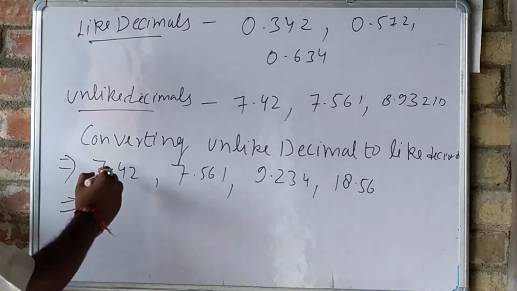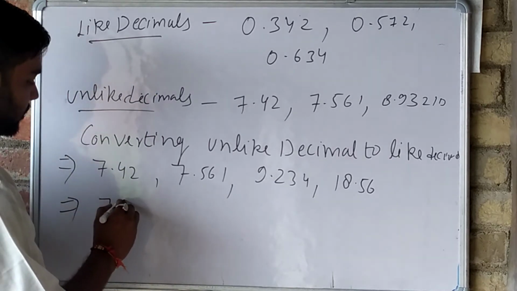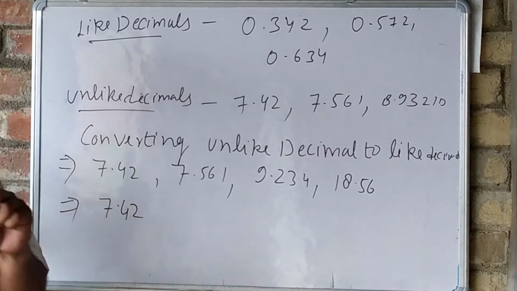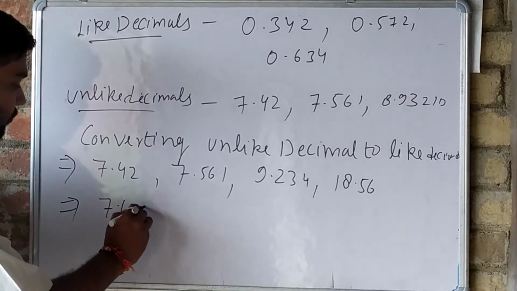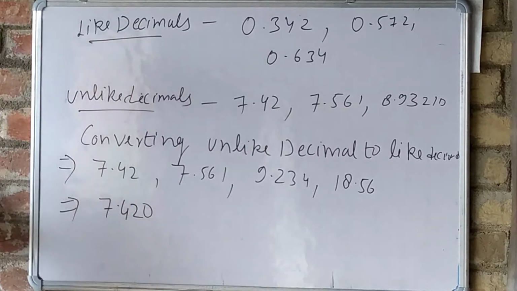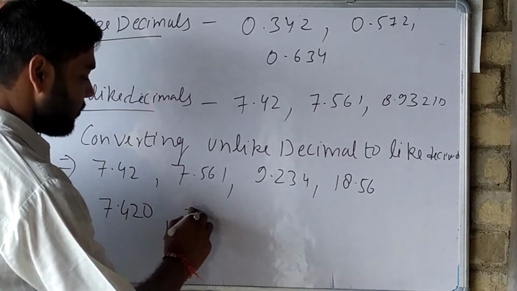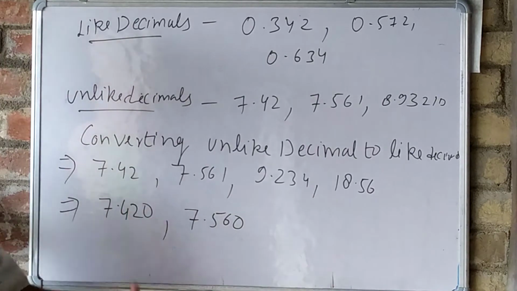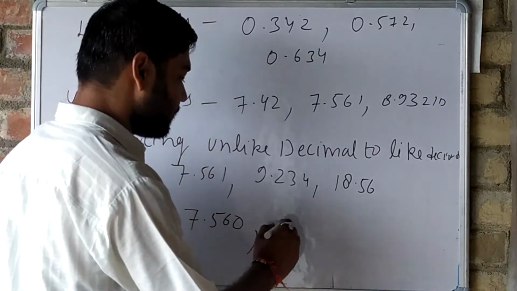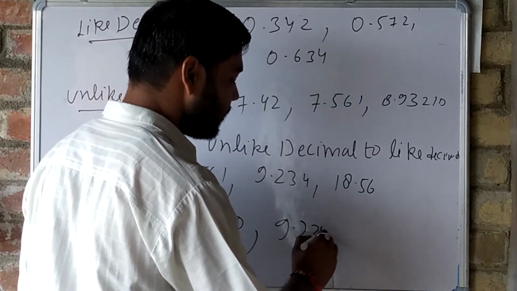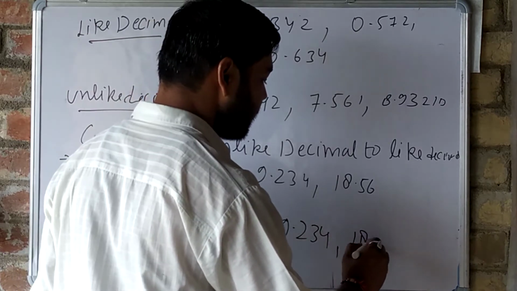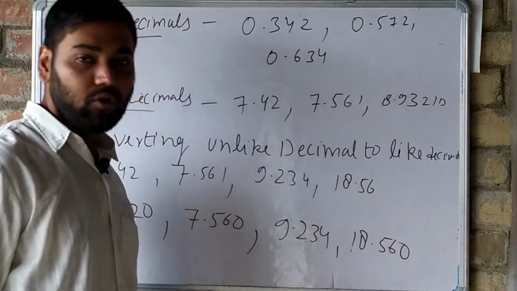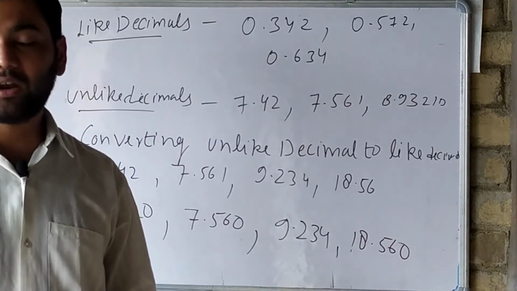So we make every number 3 decimal places. 7.42, we add 0, and now it becomes 3 decimal places. 7.56, we add 0, and now it becomes 3 decimal places. 9.234 is already 3 decimal places. 18.56, we add 0, so it becomes 3 decimal places.